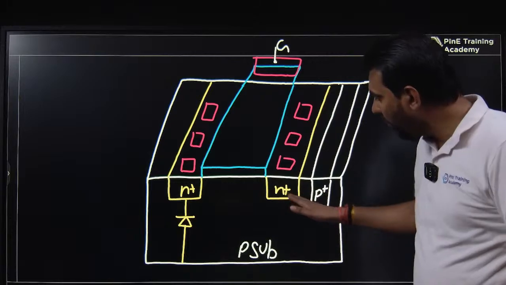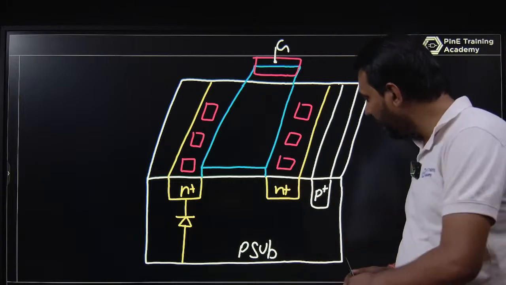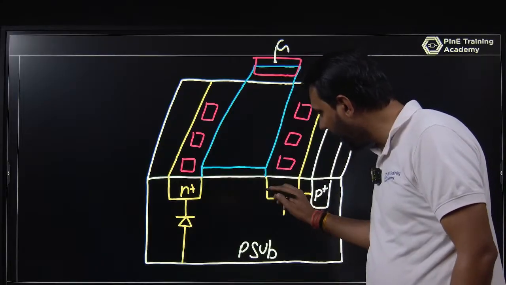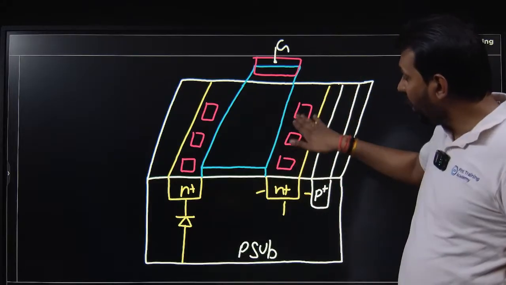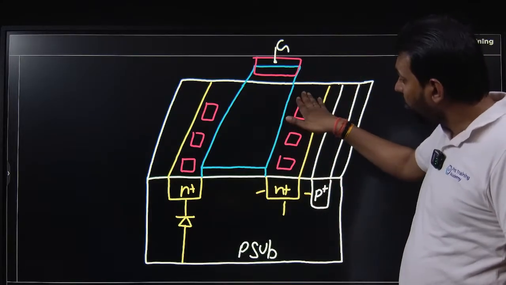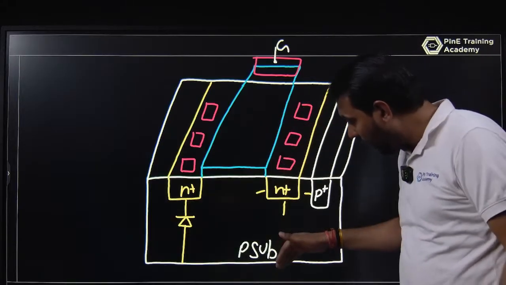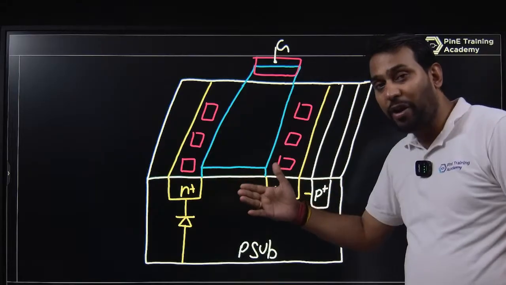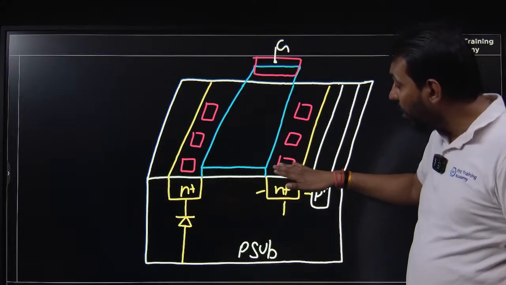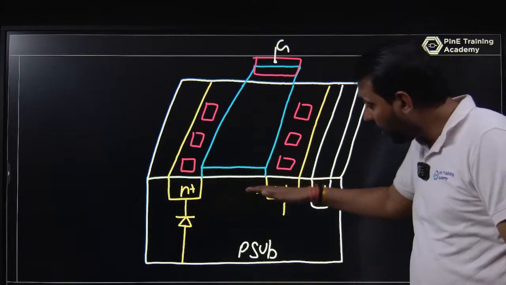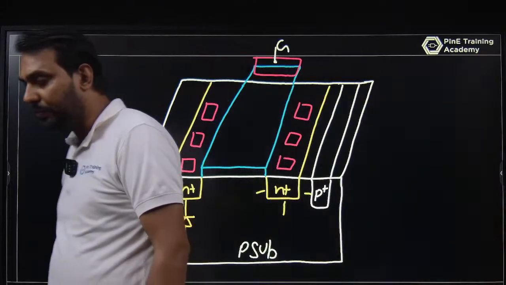In a 3D view, the diode is present at this region, this region, the bottom side, everywhere. There is no diode on the topmost side. At the bottom, left, right, backward, everywhere, you will find the diode.